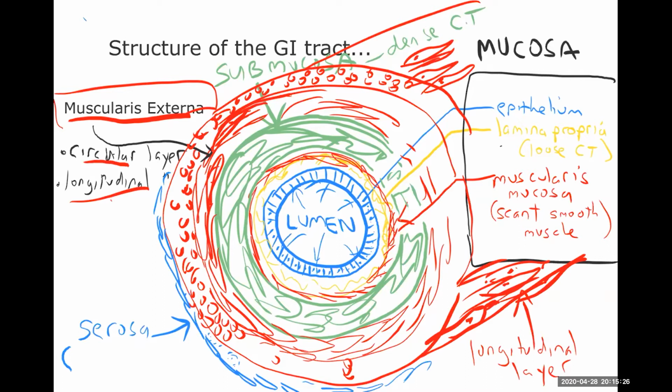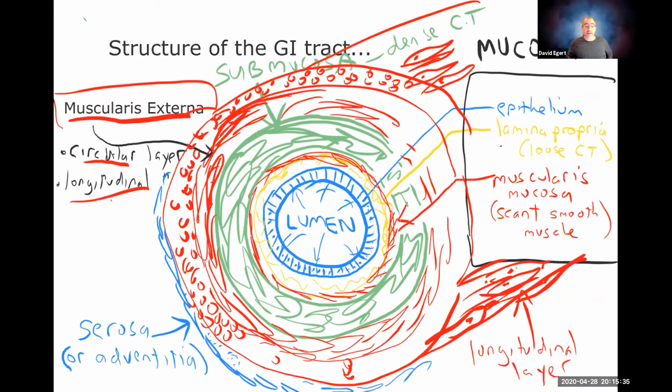Adventitia. Exactly. So the adventitia is only going to be on very specific places like the esophagus or the duodenum, we'll see. But in general, most of the GI tract is surrounded in serous membrane, so it can slip and slide.